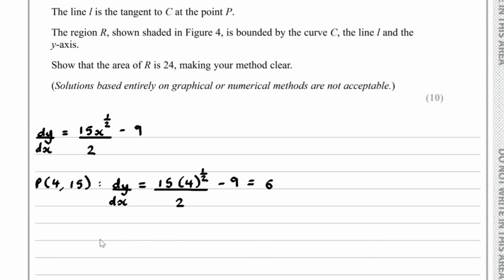And so we can find the equation of the straight line. We'd have y minus 15 equals 6 lots of x minus 4 and so therefore y equals 6x minus 9.